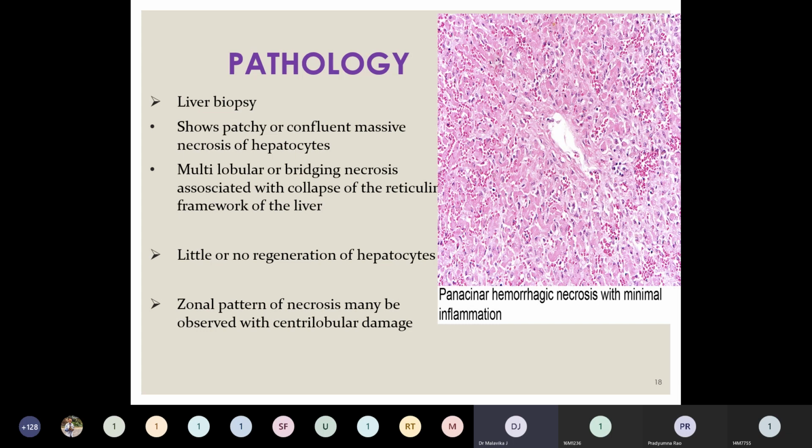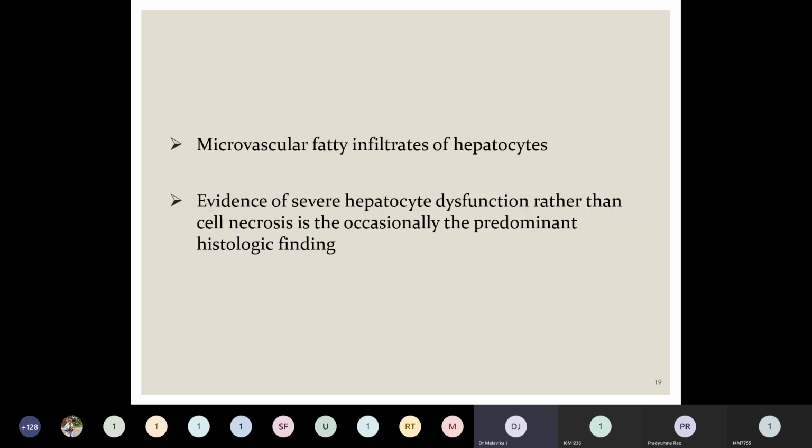It shows patchy or confluent massive necrosis of the hepatocytes, multilobular or bridging necrosis associated with collapse of the reticular framework of the liver, and little or no regeneration of hepatocytes. A zonal pattern of necrosis may be observed in centrilobular damage. Microvesicular fatty infiltrates of the hepatocytes can be seen, evidence of severe hepatocyte dysfunction rather than cell necrosis, which is occasionally a predominant histological finding.